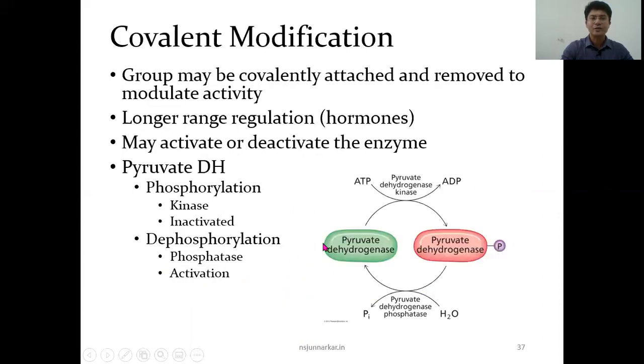The example is that of the pyruvate dehydrogenase enzyme, which in phosphorylated form is active, and when it is dephosphorylated, it becomes inactive. So kinase will make it active, and phosphatase will make it inactive.